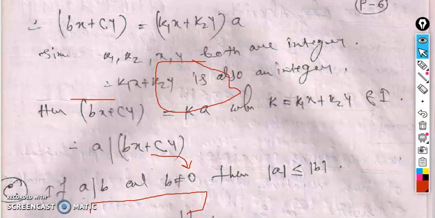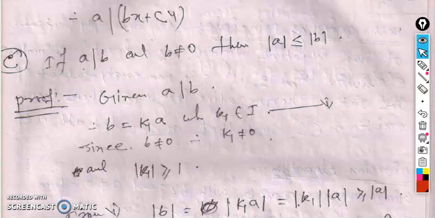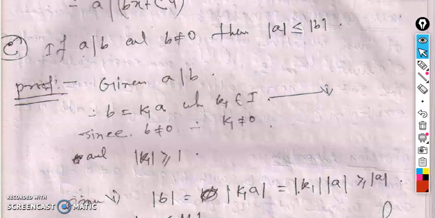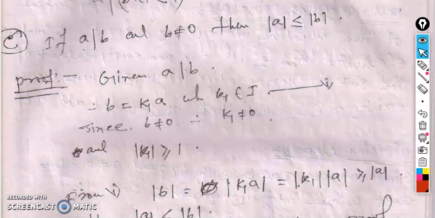Next we move to another very important result, relevant for your examination also. If A is a divisor of B and B is not equal to 0, it should not be 0, because you can easily say that 0 divided by something is always 0.